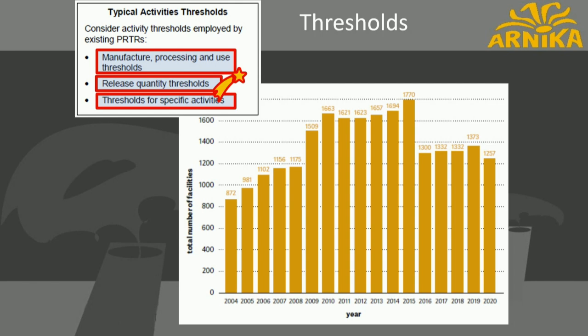So there is a difference between these two approaches between 2015 and 2016. You can see the number of facilities that were obliged to report into the PRTR system. So we suggest establishing the system based just on the threshold set up for release of specific chemicals.